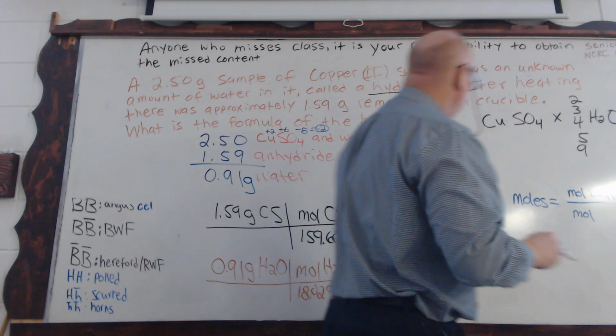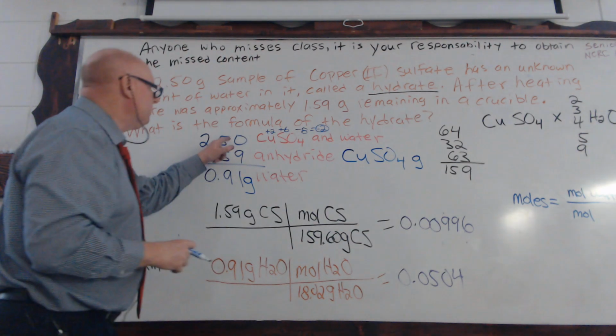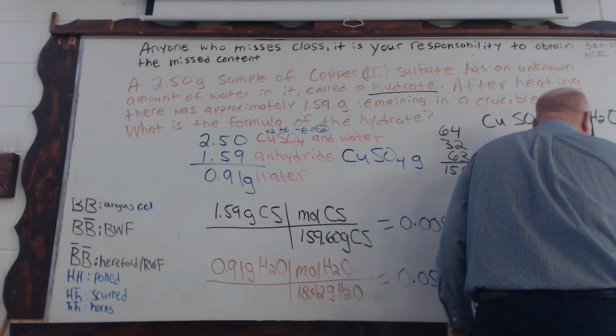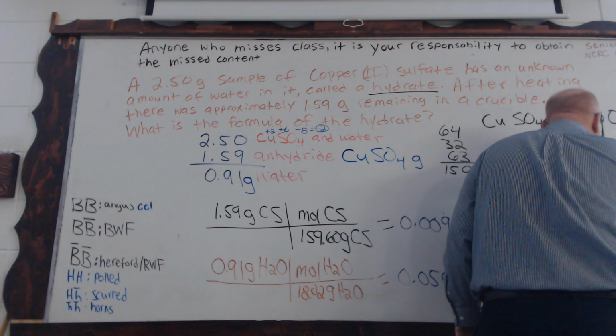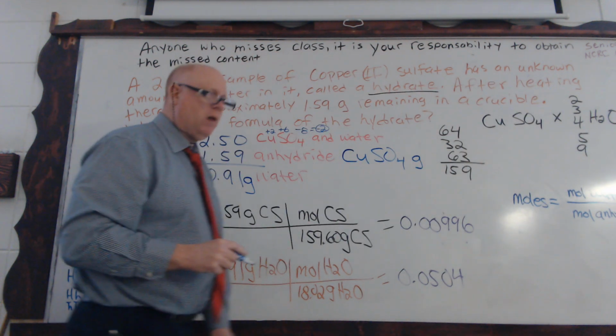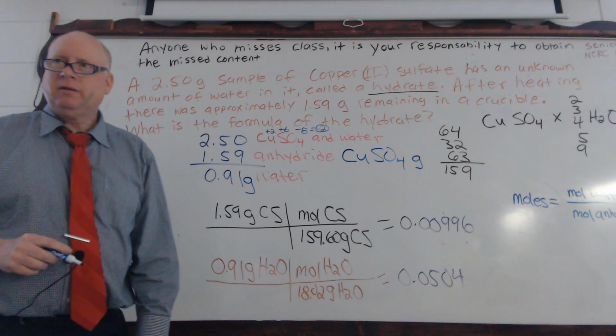Anhydride. Because if we do hydrate, then we're going back to how we started. So then this is moles of anhydride. What is the an from? It just means without water.